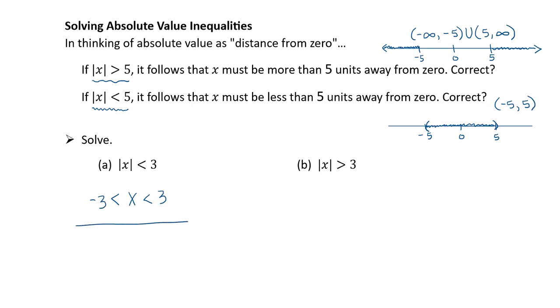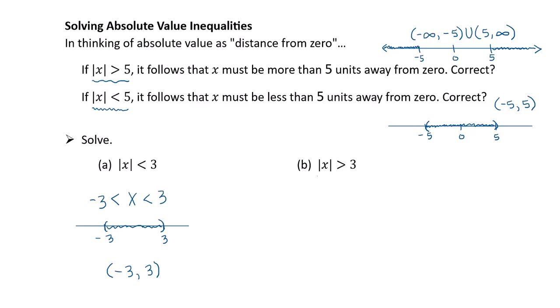When I graph that, we can see from -3 to 3 is shaded, a strict inequality, so parentheses on the boundaries, and in interval notation, I have -3 to 3.